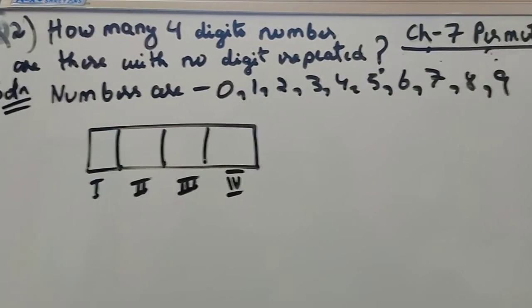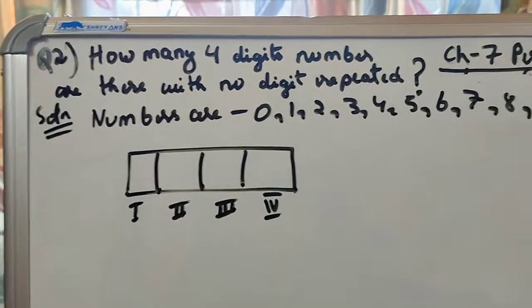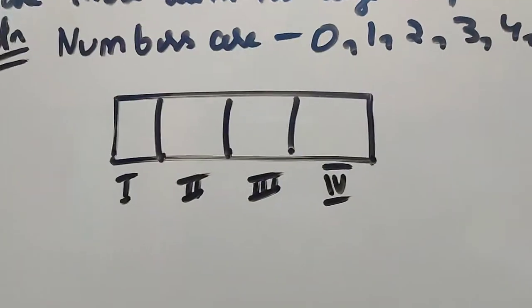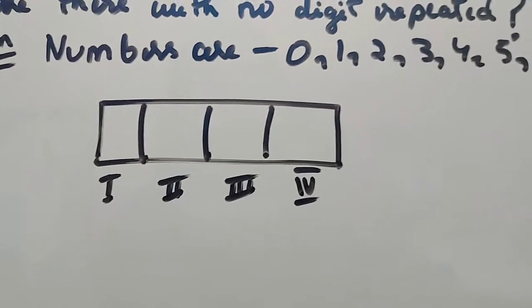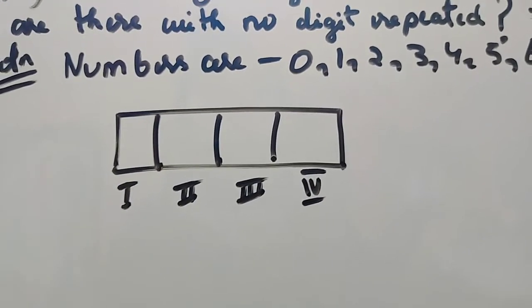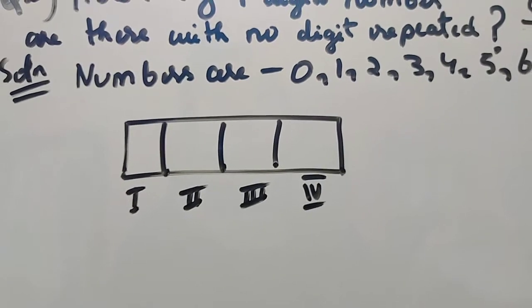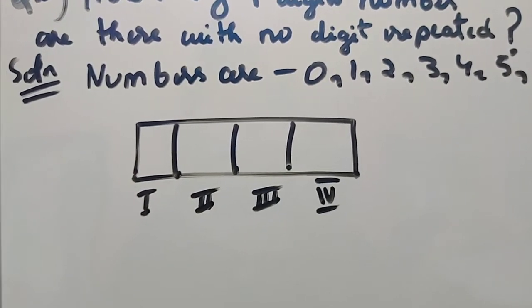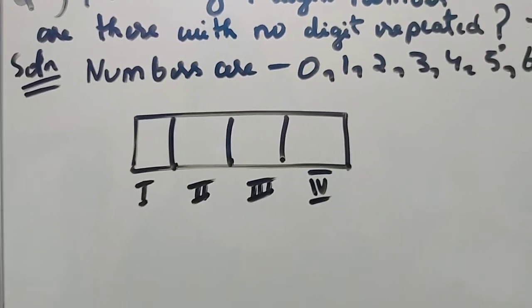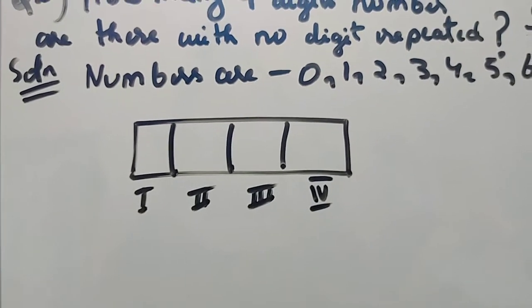Now to form a 4-digit number, I have made 4 boxes. According to exercise 7.1, this is how you used to solve without using the permutation formula.